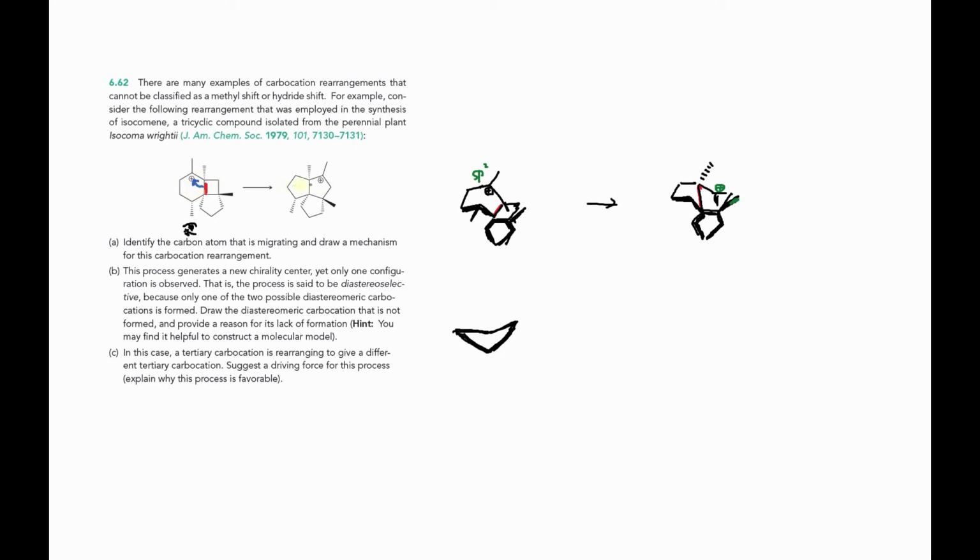So by converting cyclohexane to cyclopentane on the left ring, you can see that our stability went down, right? So more energy is involved here.